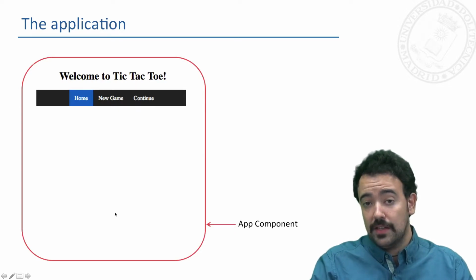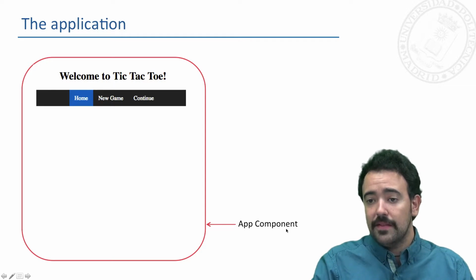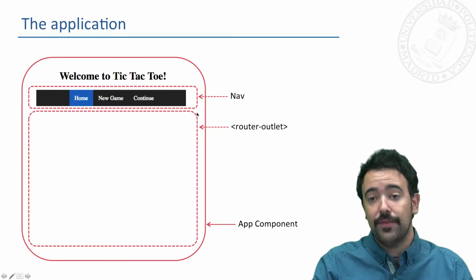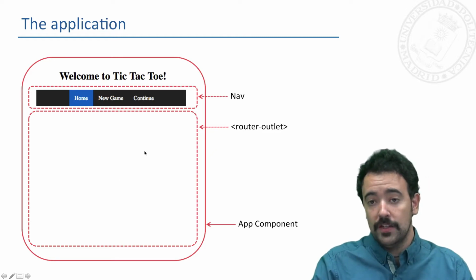The application is as before, as in the base code you can find in the GitHub link I showed before. The entire application is included in the application component, and we are going to include in the template of this component a navigation bar and also an HTML tag with the router outlet in which the different views, the different templates of the components will be rendered when clicking or when navigating to each of the URLs.